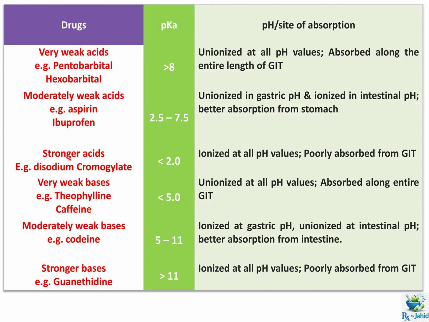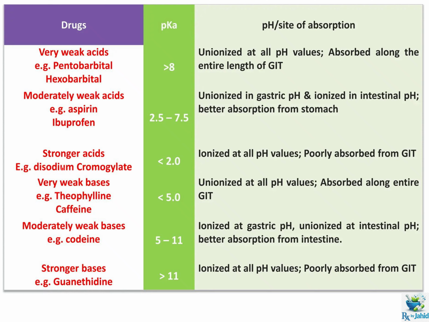They will be completely ionized throughout all pH values. So stronger acids and bases would always be ionized at all pH values. As we have already discussed, ionized form will be poorly absorbed from the GI tract. So we have already understood these two.